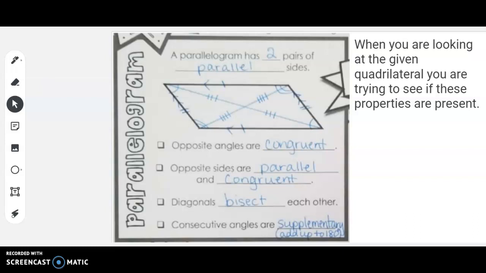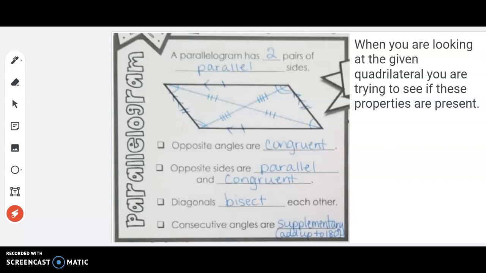So if we can prove that there are two pairs of parallel sides, then we know we have a parallelogram.